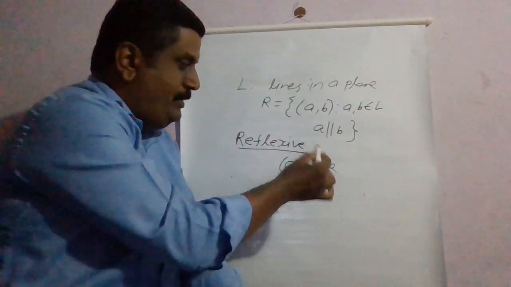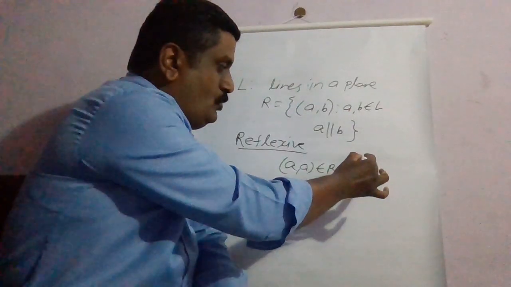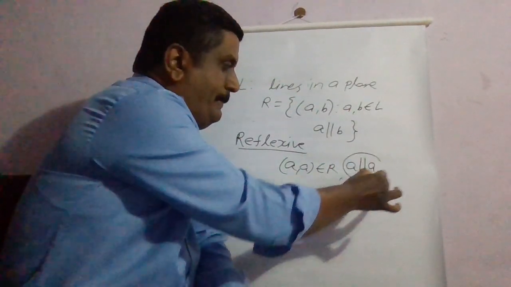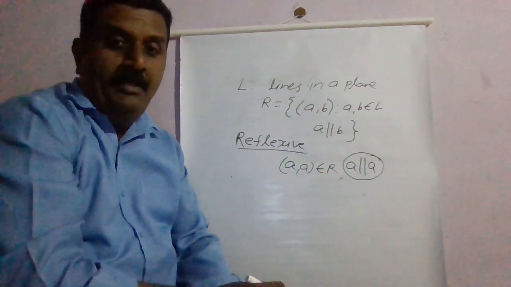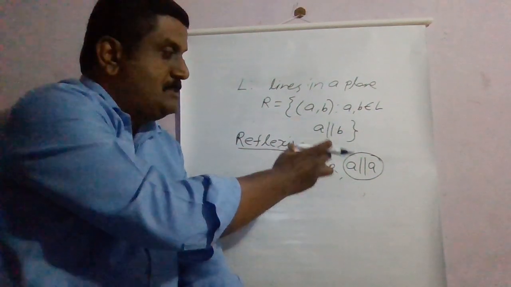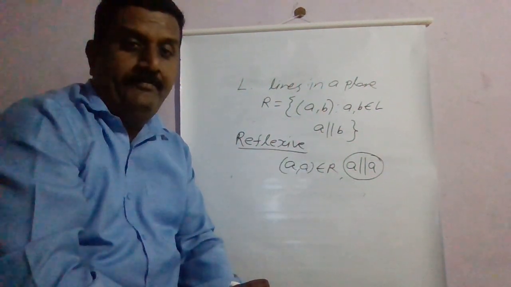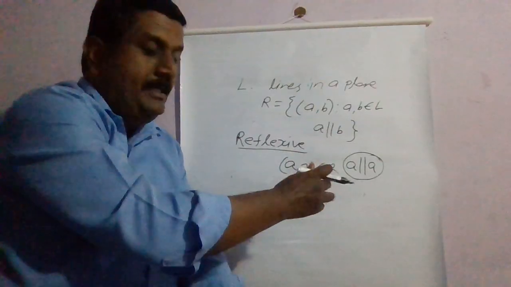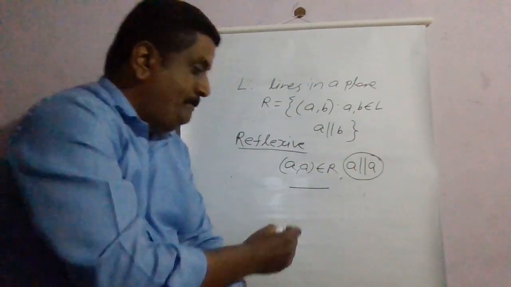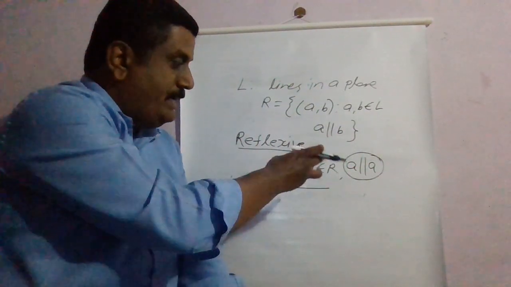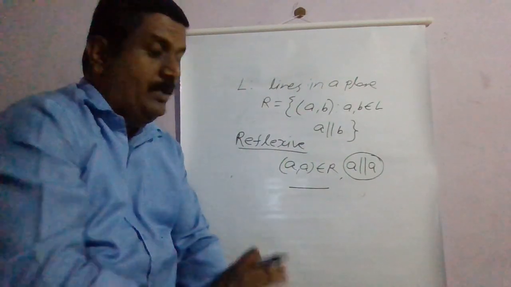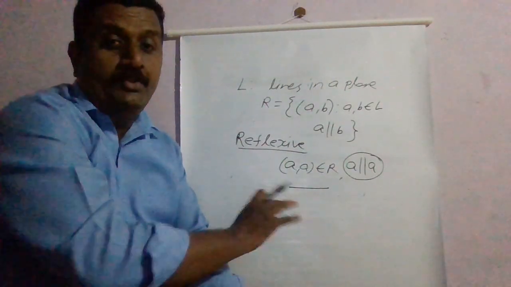So if (a, a) belongs to R, then a must be parallel to a. And we know that every line is parallel to itself. If you draw a line, that line is parallel to the same line. So we can conclude that (a, a) belongs to R for every a belonging to L.